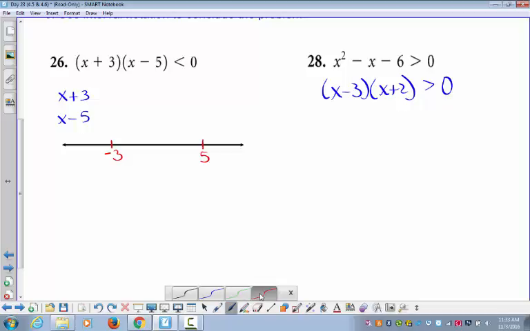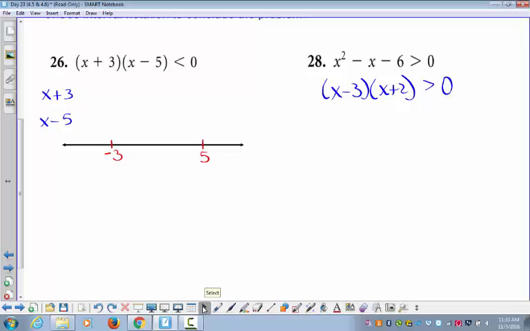The only way the sign of this whole expression is going to change is if the sign of one of the individual factors changes. All right, so we're looking at signs because all we care about is where it is negative. So we're trying to figure out where that whole expression is negative. So here's how our sign chart works.